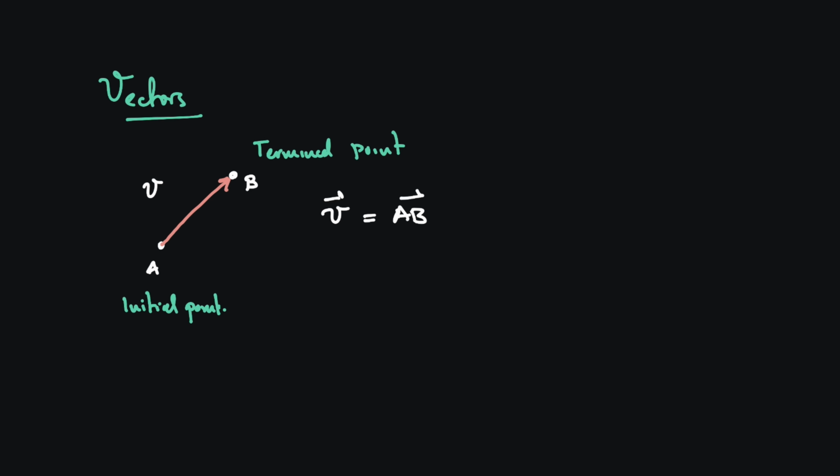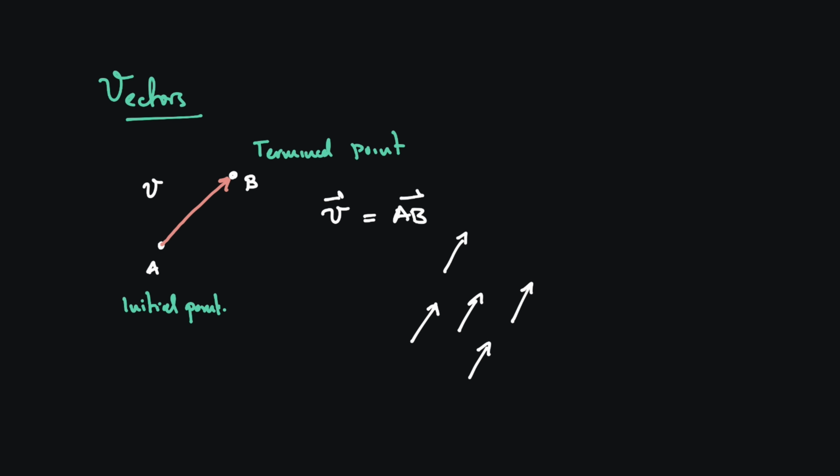Vectors can be equal to other vectors. For example, if I roughly draw vectors of the same magnitude, the same length, and the same direction, we say that these vectors are equal. Okay?